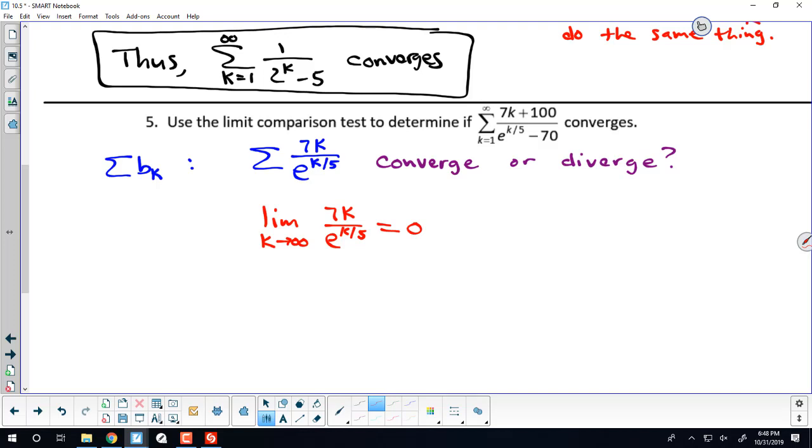So, divergence test is inconclusive. So what other tests could we use to determine if 7k over e to the k over 5 converges or diverges? Integral test, right? I'll just put it here.